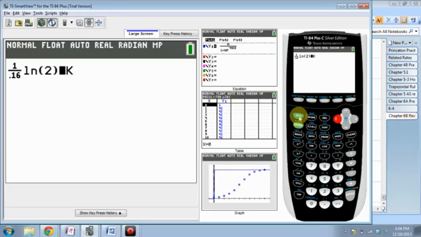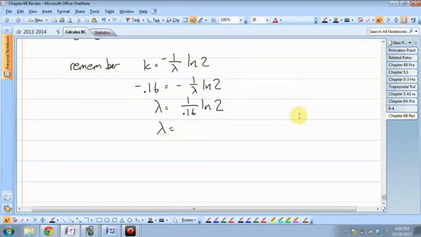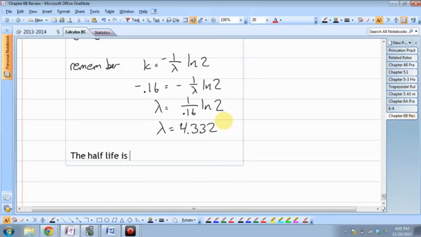That's my half-life. Half-life is 4.332. And then, of course, maybe write a little something. The half-life is 4.332 years. I think we're in years, right? Yeah, we're in years.